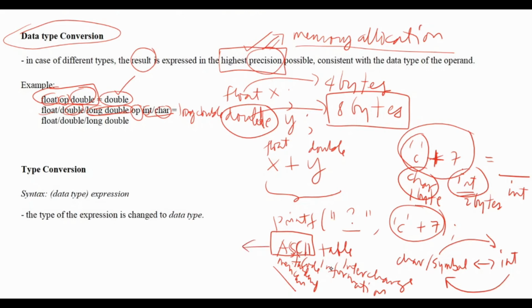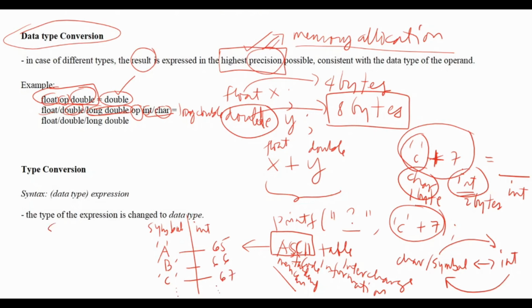And this ASCII table is just a list of symbols and their corresponding numeric values, particularly integer values. Say for example, for symbol uppercase A, the integer equivalent of capital A is 65. And the next uppercase B is 66. The next capital C is 67, and so on.